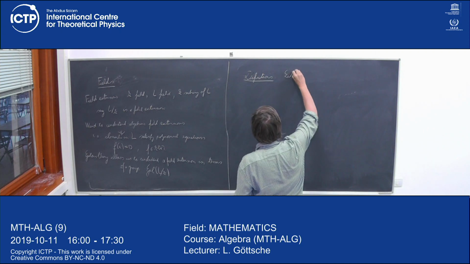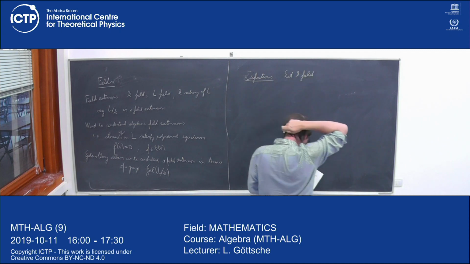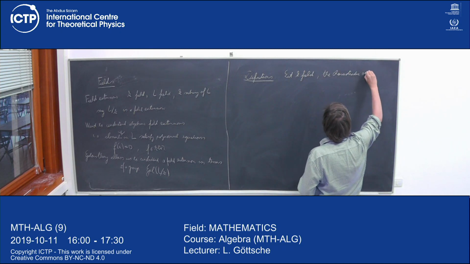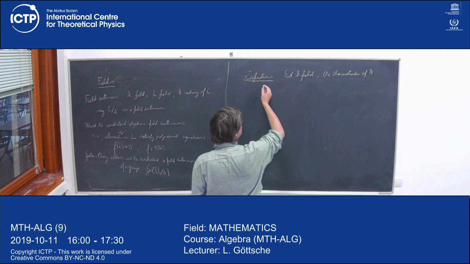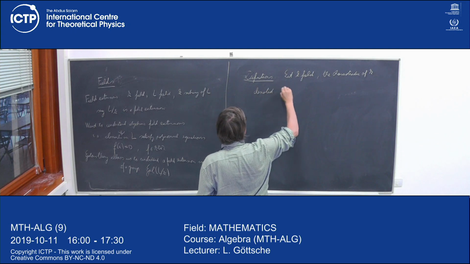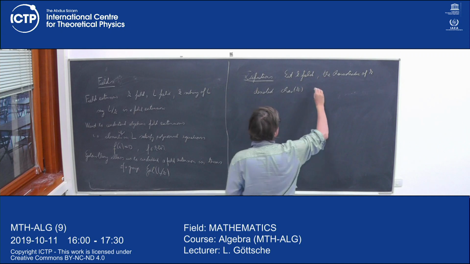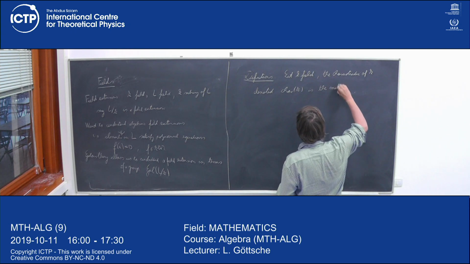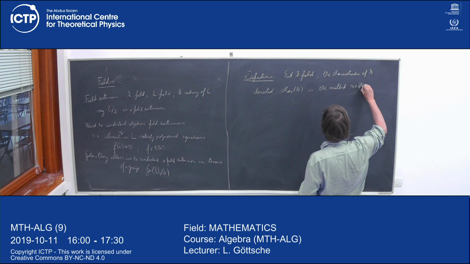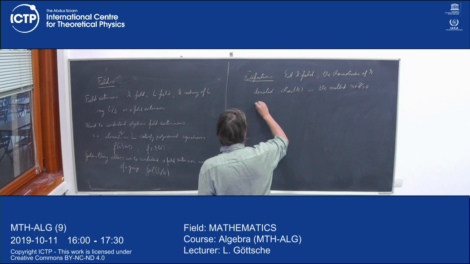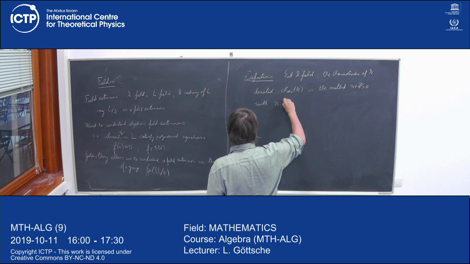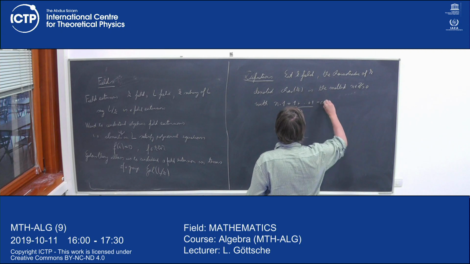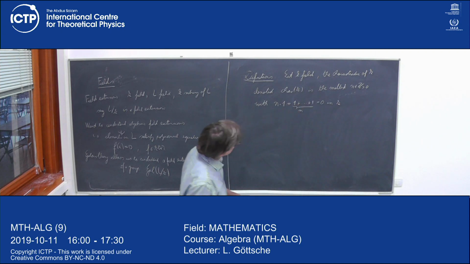So if K is a field, the characteristic of K, which is denoted char K, is the smallest positive integer n such that if I take n times 1, which means 1 plus 1, n times, this is equal to 0 in K. Obviously, such an integer will not always exist.